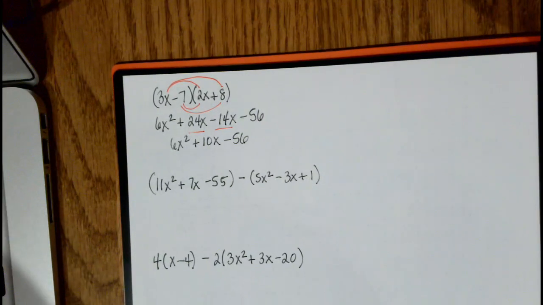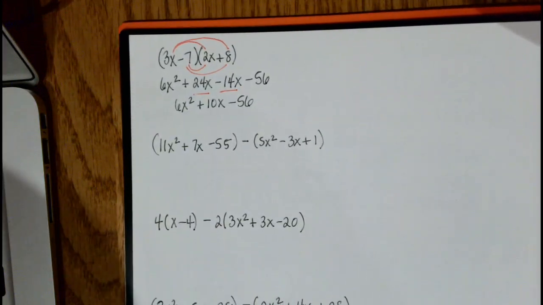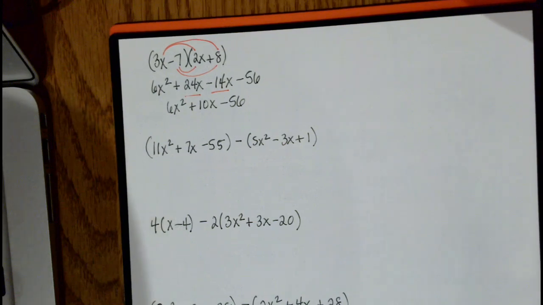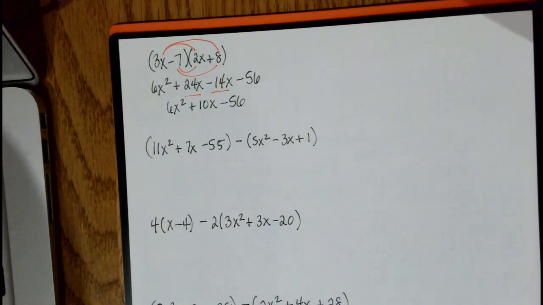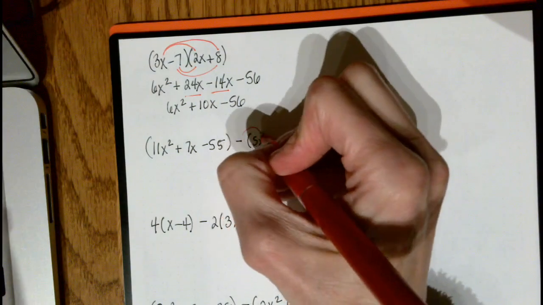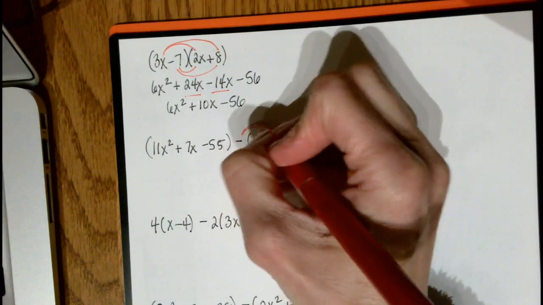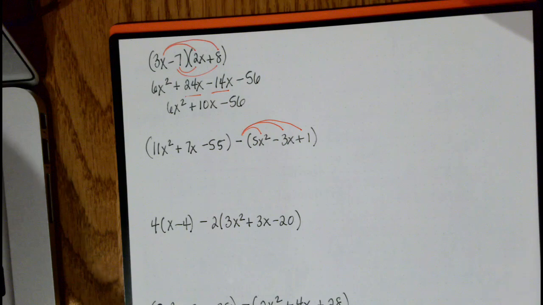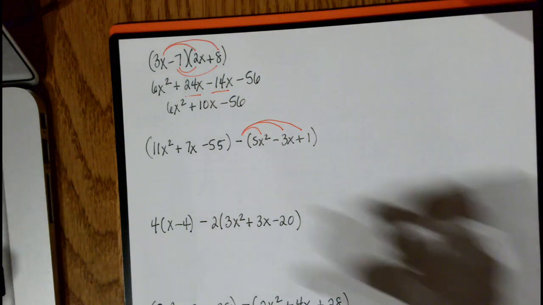So we foiled that. And now what we need to do is see what happens when we look at the first choice, which is going to require us to distribute. And what we're hoping for is that once we distribute and combine like terms, we have the same answer that we had up above.